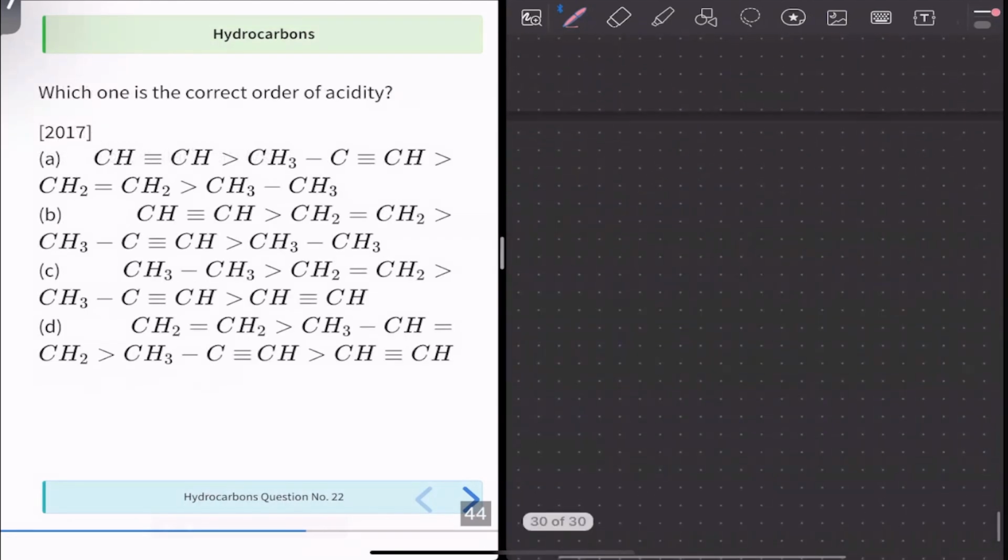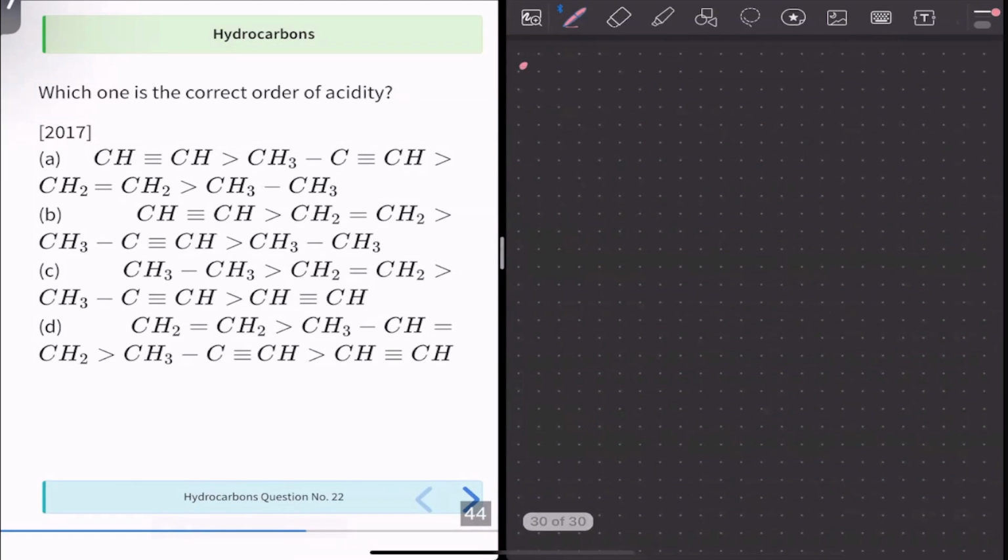Question number 22. Which one is the correct order of acidity?